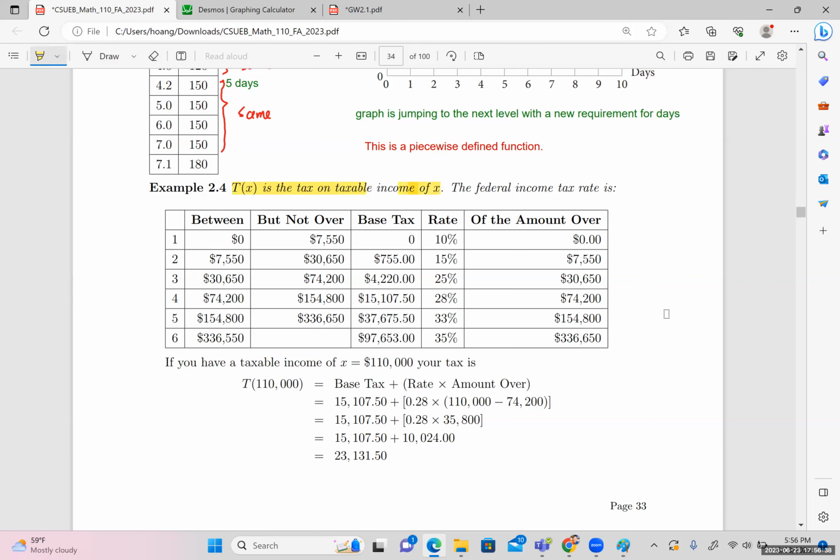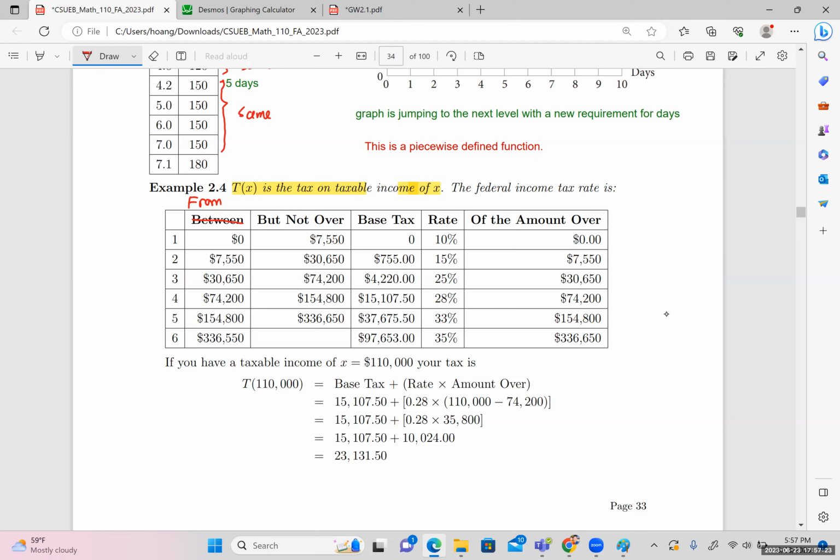Okay. So if you are in the first bracket, like between 0 to $7,550, I would say this is "from" 0.